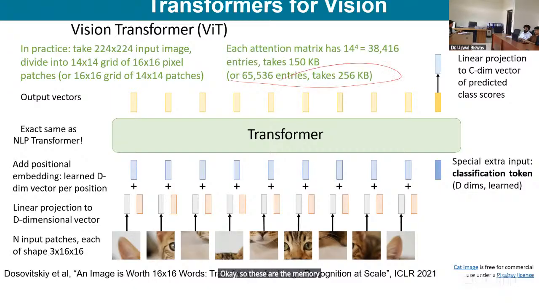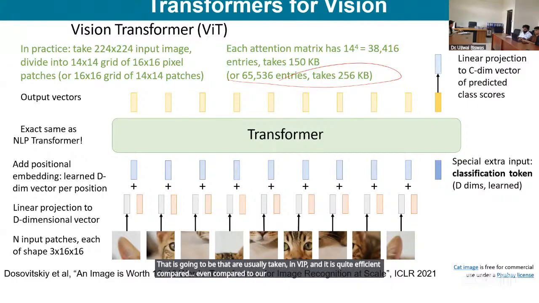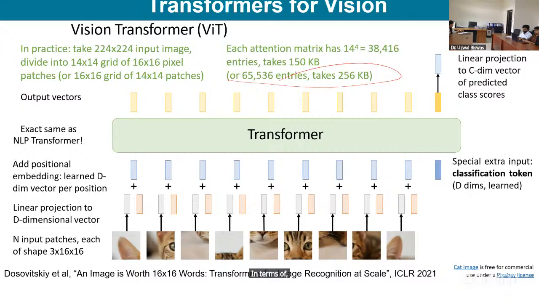So this is the memory usually taken in ViT, and it is quite efficient even compared to our CNN models in terms of utilization of, let's say, the memory in the GPUs.